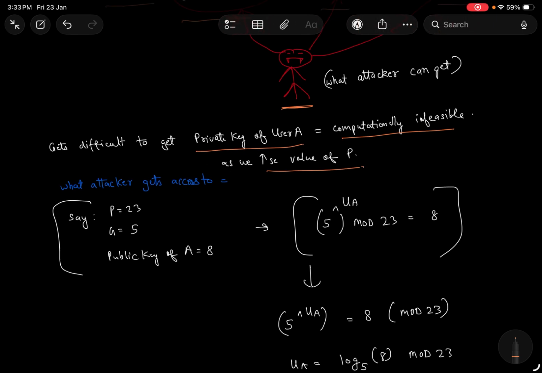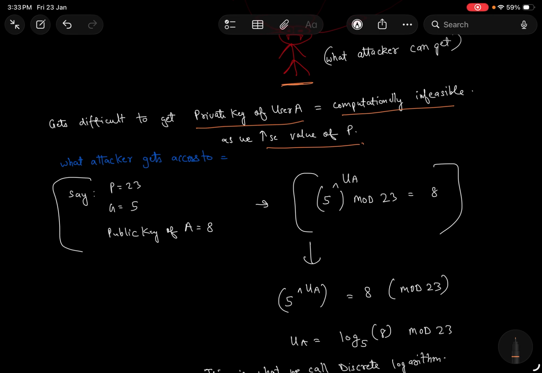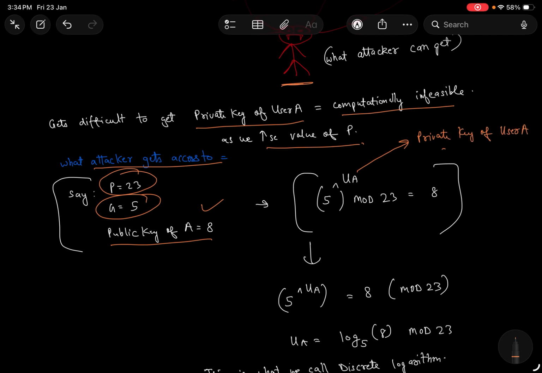Okay, let's take up an example. What does the attacker get access to? For example, we have a value of P equal to 23, G equal to 5, and let's say the public key of A was 8. An attacker has access to all these things, but not the private key of user A. So let's consider this as the private key of user A, which is local to its device.